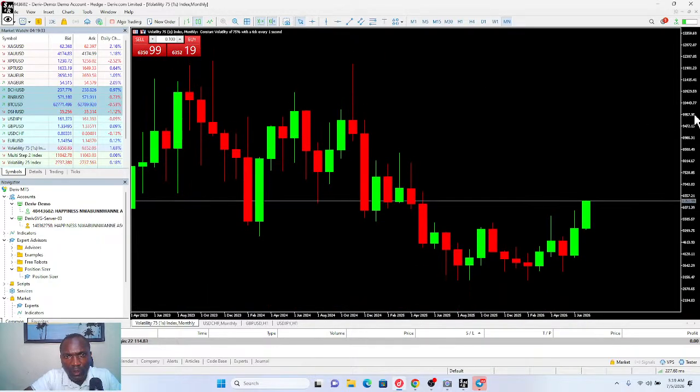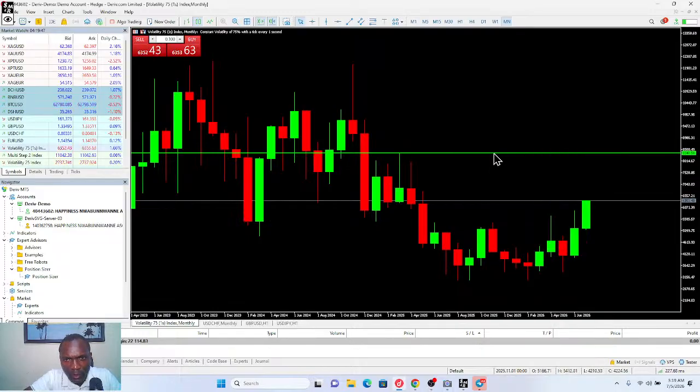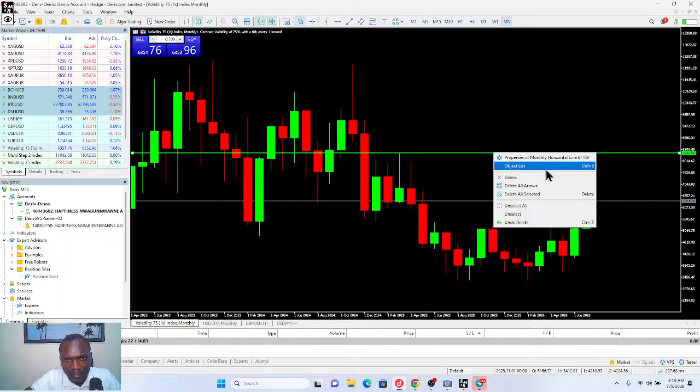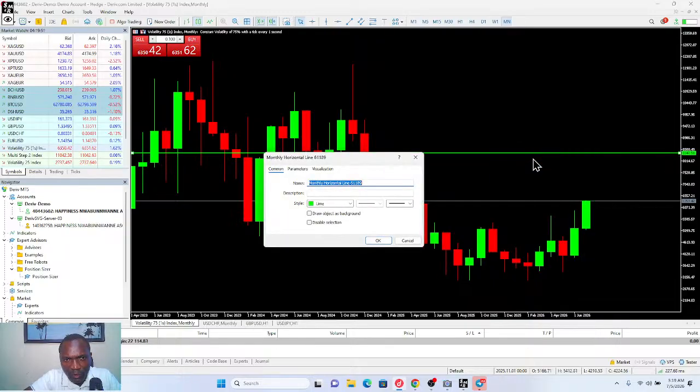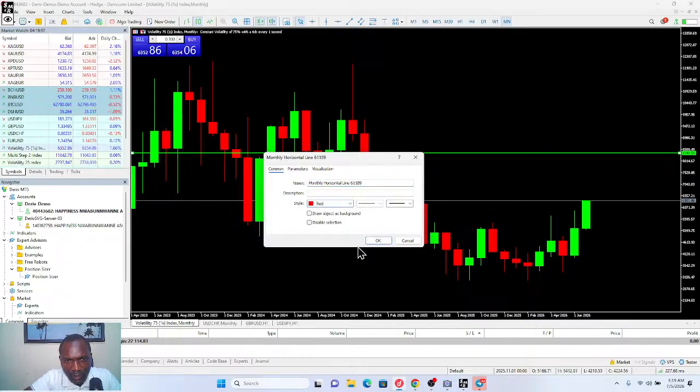So now I only want to mark at this point. Let me change the color because that's where I intend to sell. If I want to sell, that's where I intend to sell.